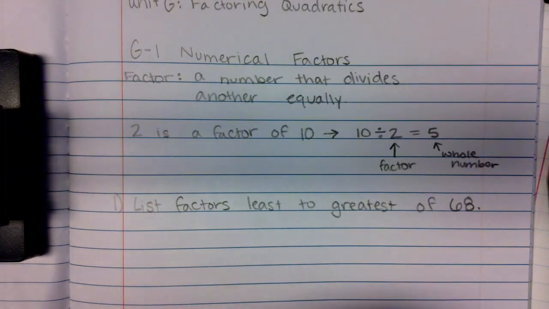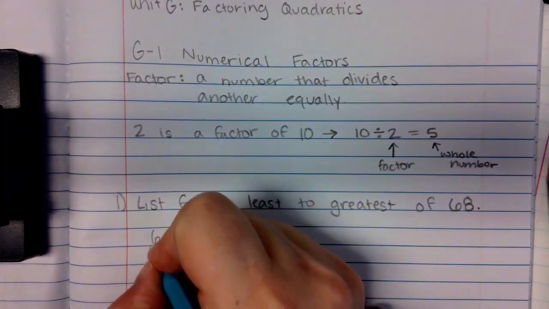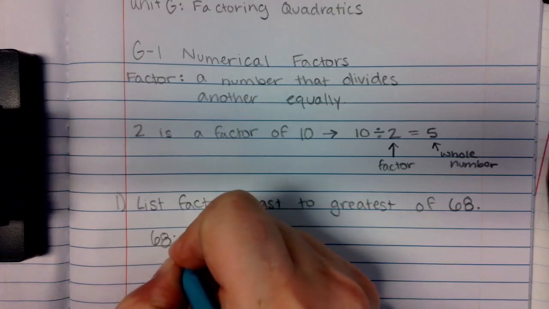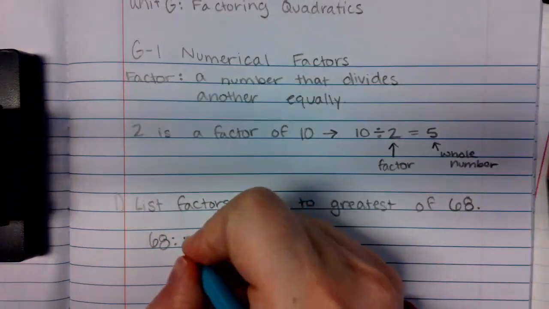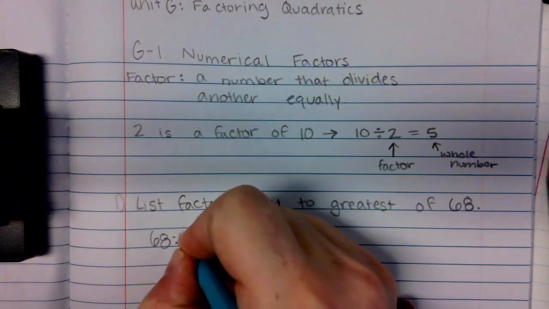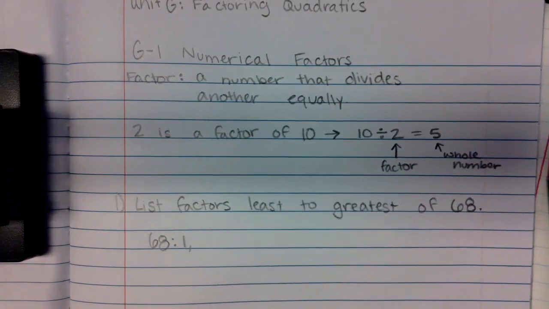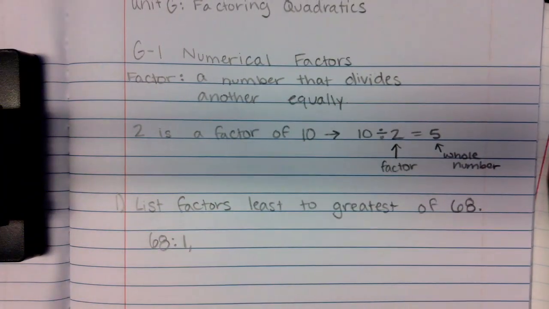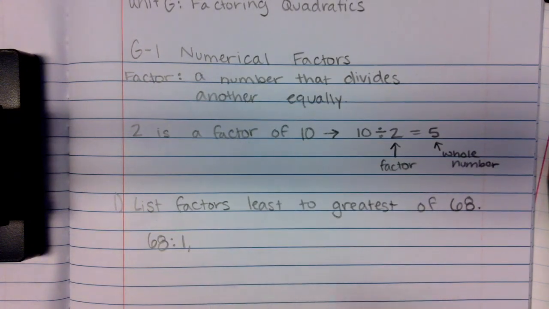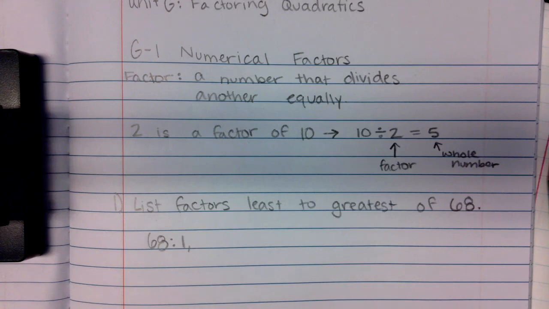Okay, so I'm going to start by just writing out that number 68. One thing that I know is a factor of every number is 1, because we can divide all numbers by 1. So I'm always going to start with 1. And then we could use our calculator and think like 68 divided by 2, see if we get a whole number, 68 divided by 3, divided by 4, and see when we get whole numbers. But that's a lot of things to divide by.